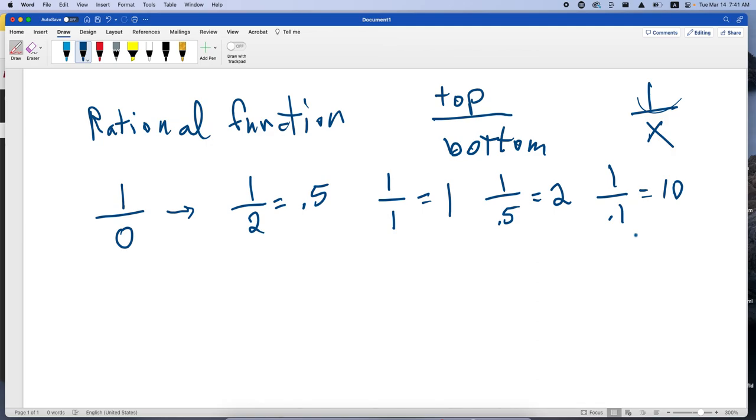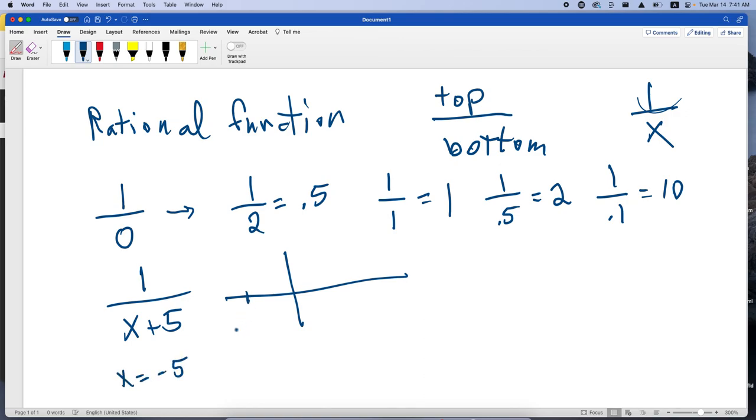Okay, so I want you to get that concept though, because when we graph something, say 1 over x plus 5, what happens when x is actually at -5, right? Because if I put in -5, -5 plus 5 would give me 1 over 0. So over here at -5, the type of behavior we're going to get on something like this is what's called a vertical asymptote.